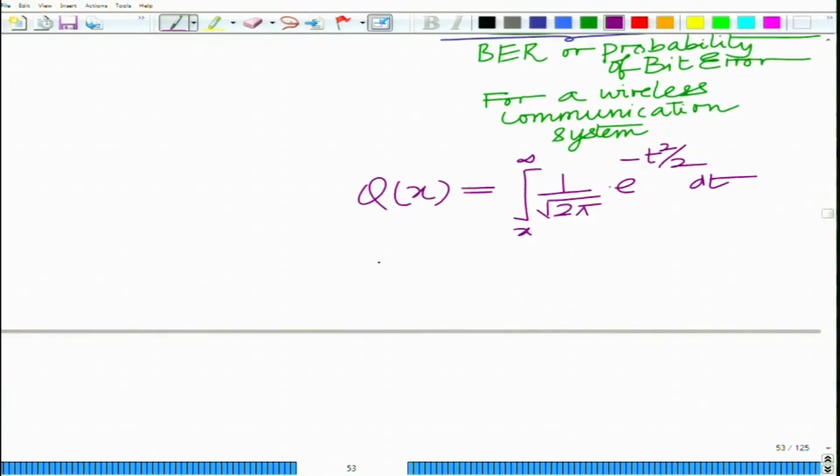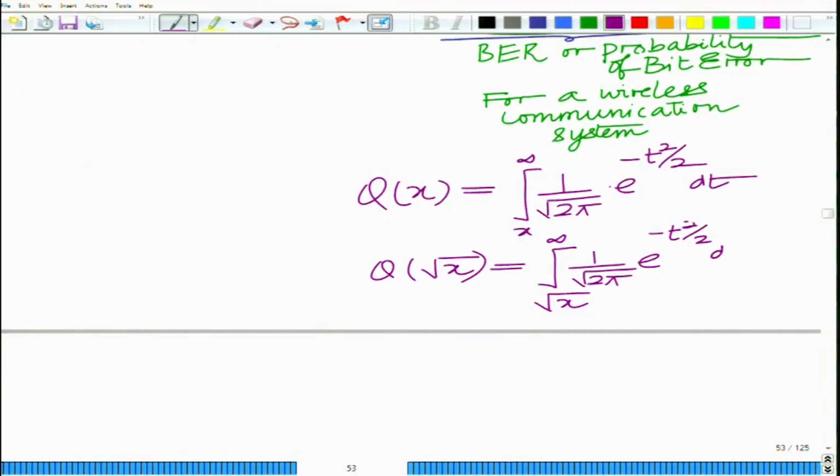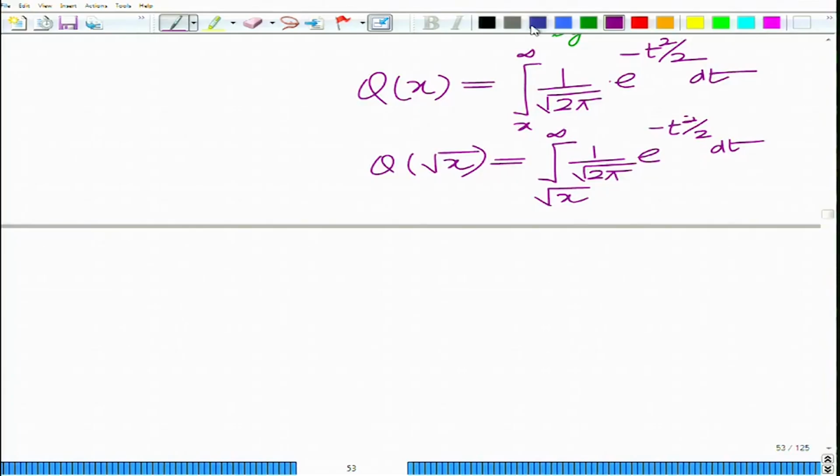Now, let us look at this function Q of square root of x, that will be the integral from square root of x to infinity of 1 over square root of 2 pi e raised to minus t square by 2 dt, simply replacing x by square root of x.